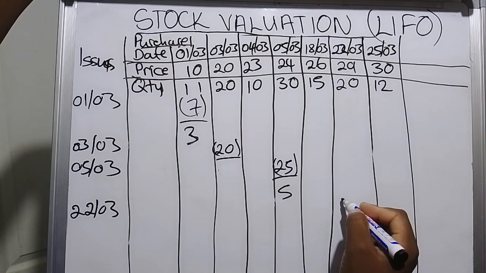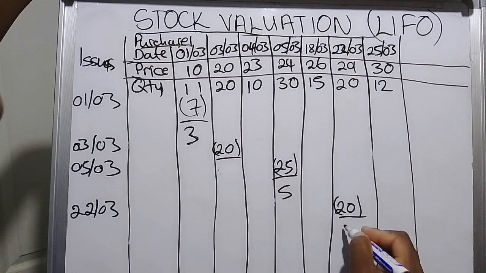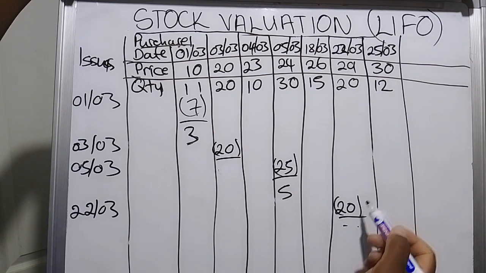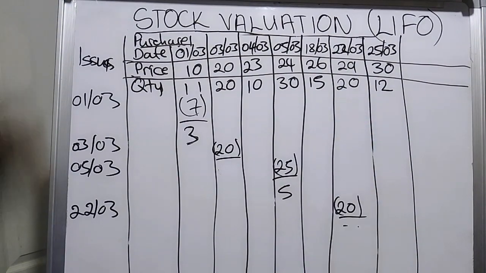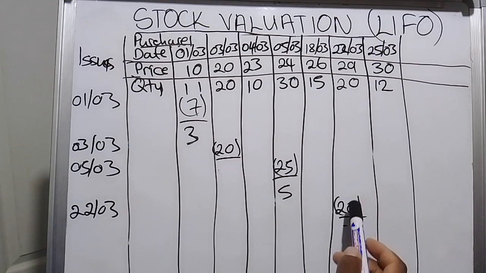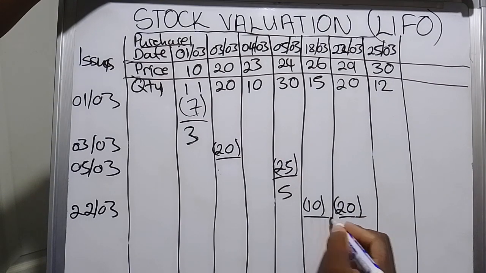So we are going to sell 20 from here, then remain with nothing. Then we move to the next recent stock, which is stock from the 18th of March. Then we will sell the remainder from there. We want to sell 30, we have taken 20 there, so we are going to take another 10 from here and remain with 5.